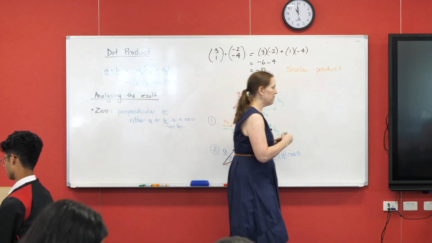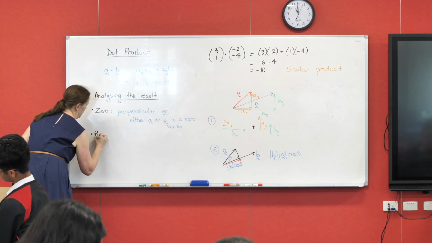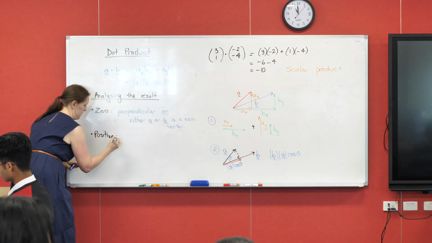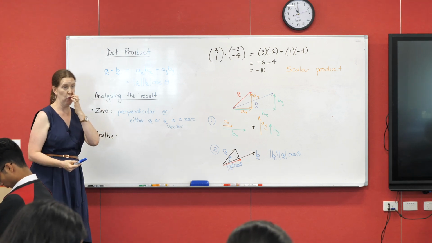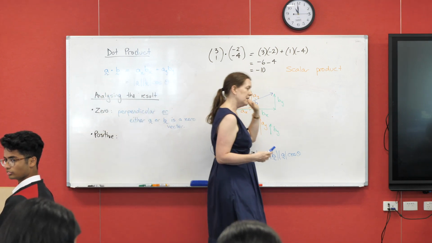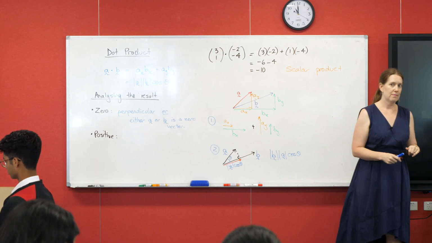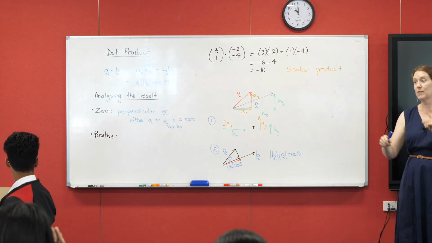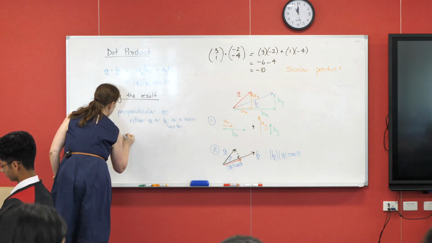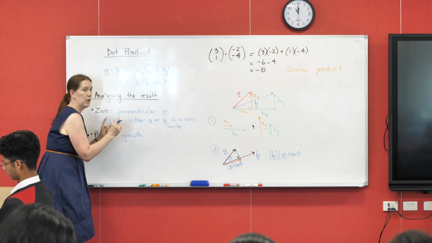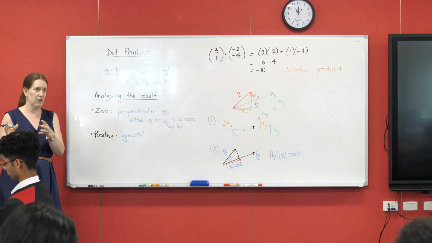What happens if our product is positive? So we get a positive number in some shape or form. What is that telling us if my scalar product, my dot product, is positive? They're going in the same direction. Excellent. There is growth. Now I'm just going to call it growth because either I'm going to get bigger, or if it's a fraction, it's going to be slightly smaller.